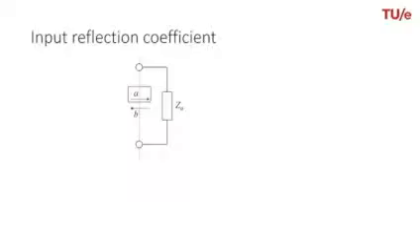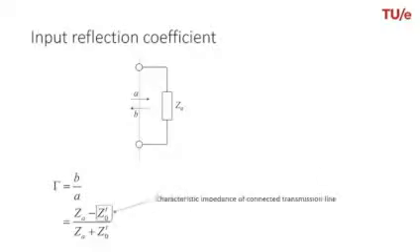Because of the antenna impedance, part of this input wave will be reflected back towards the transmission line or electronics, indicated by B. The relation between A and B is of course the input reflection coefficient, and can be rewritten in terms of the impedance of the antenna, ZA, and the impedance of the connecting transmission line. And in this case we have used the superscript T in order to indicate that this is not related to the free space impedance, but this is related to the characteristic impedance of the connecting transmission line.